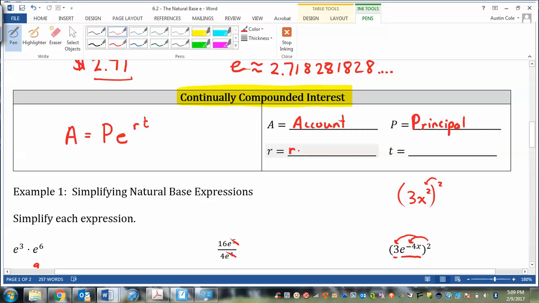R is our rate. It's important that we have our rate to be a decimal. And T is our time in years. Okay, so if we are going to be compounded continually, we're going to use that formula.